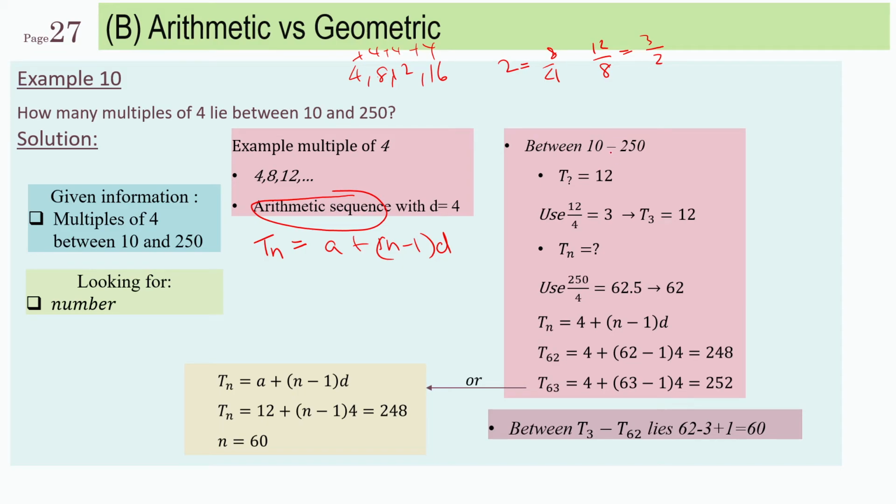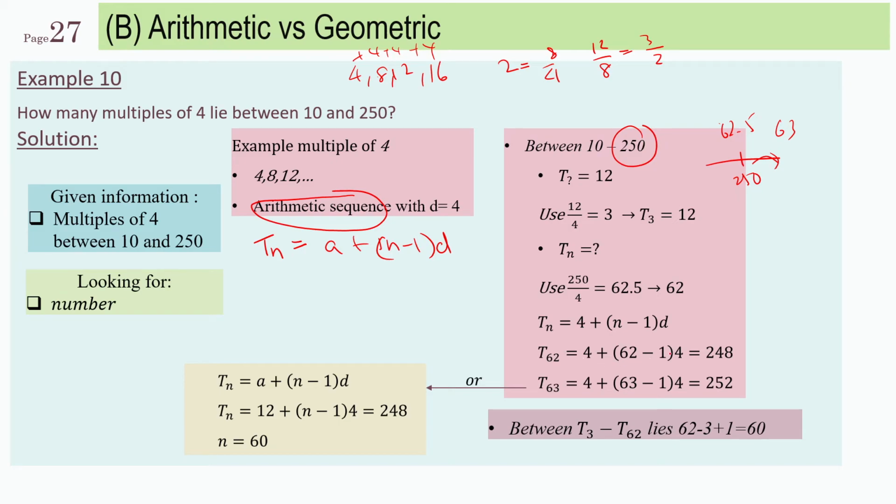How about the last one? For 250, you can simply use a calculator, divided by 4 is 62.5. If you choose 63, you have already crossed 250, so we are going to choose 62.